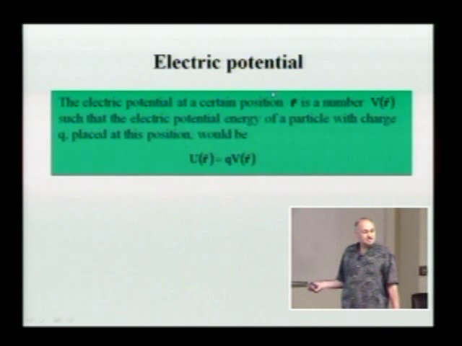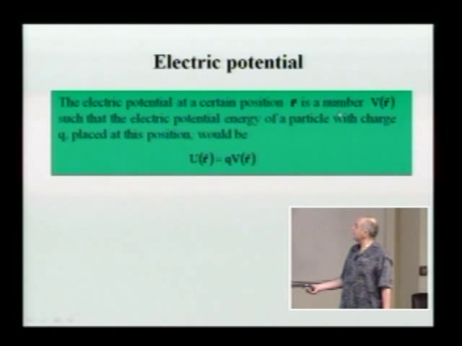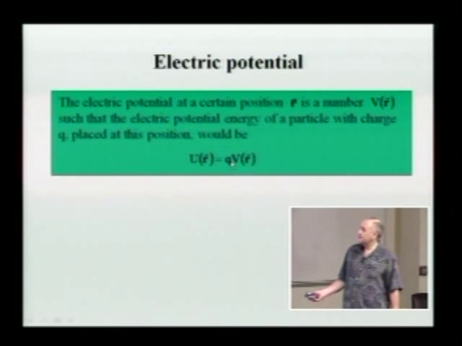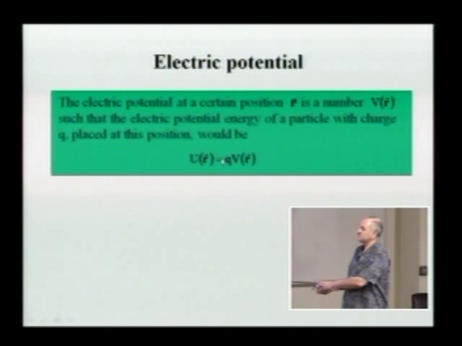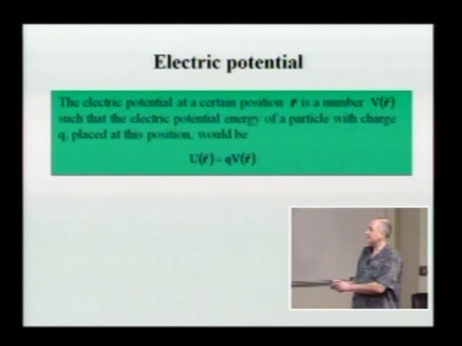Here we have a difference: the electric field vector was a vector, electric potential is a number. Here we had the electric force, now we have the electric potential. The rest is the same, and the formula is different. We had force equals charge multiplied by electric field vector. Here we have the potential energy of the particle equal to the charge of the particle multiplied by the potential of the field at the location of the particle.